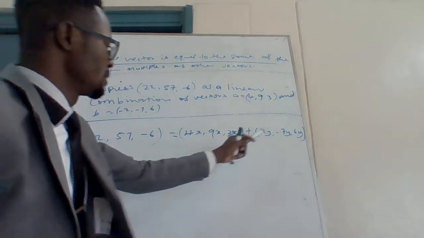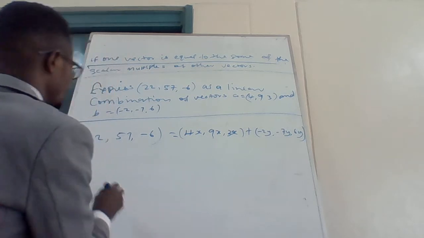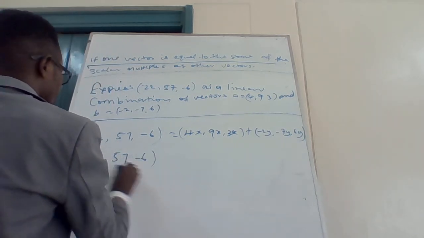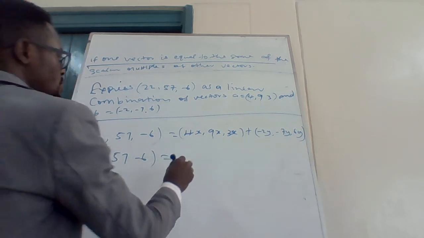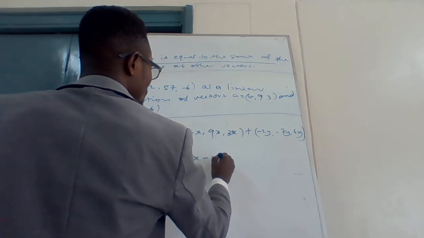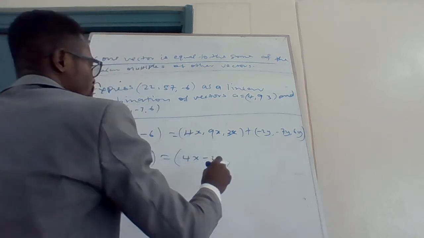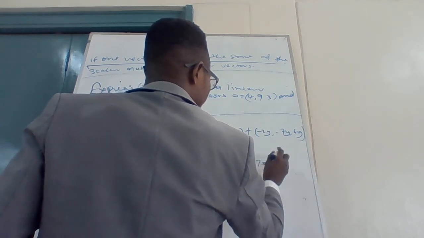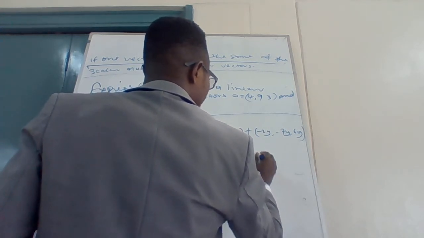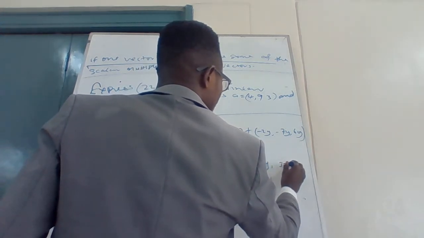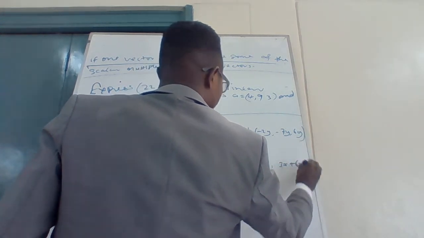If we add these two together, this will give us 22, 57, negative 6 equals 4x minus 2y, 9x minus 7y, and then 3x plus 6y.